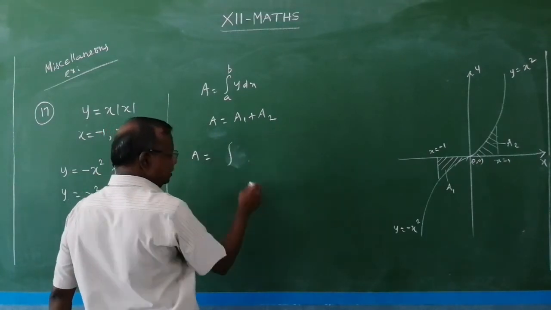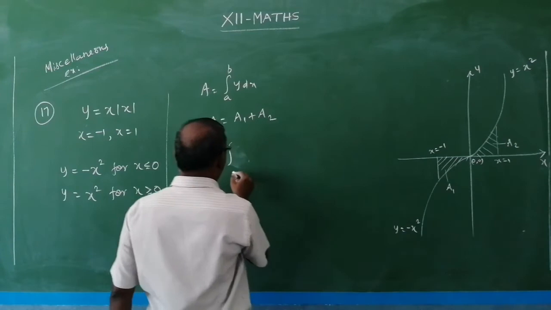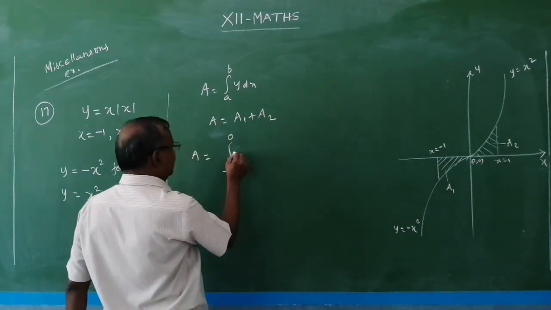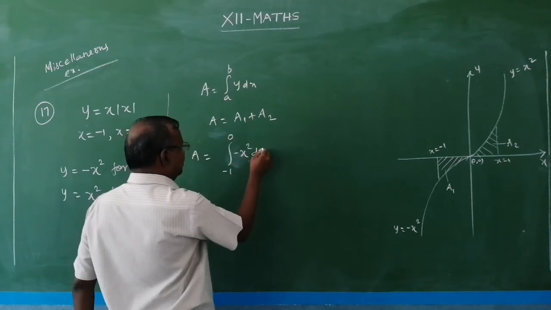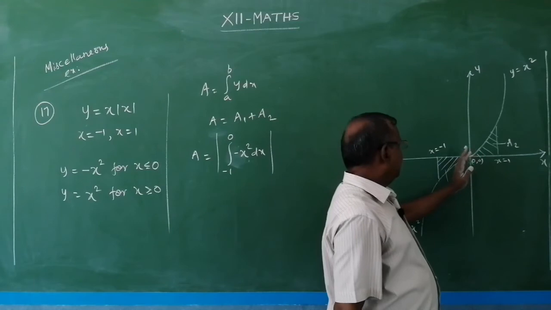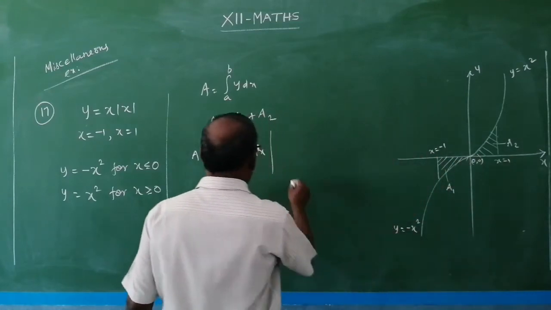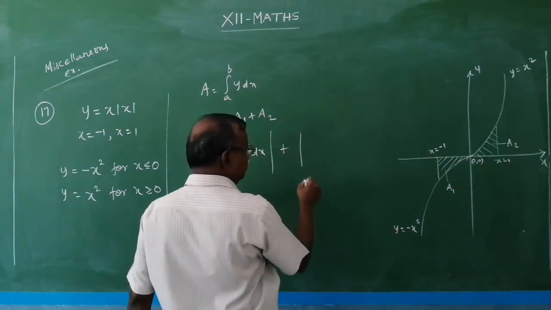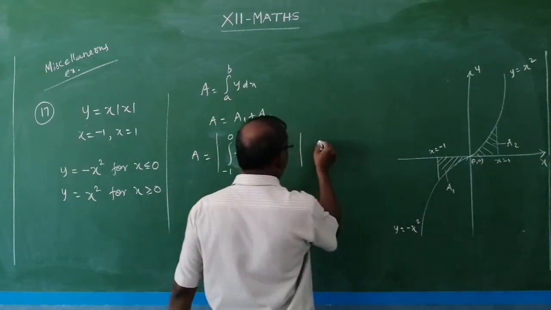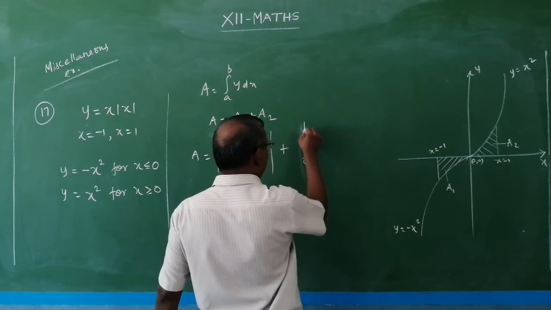So integral minus 1 to 0 of minus x square into dx, put modulus because the region bounded is left of the y axis, and plus A2, which is from 0 to 1.